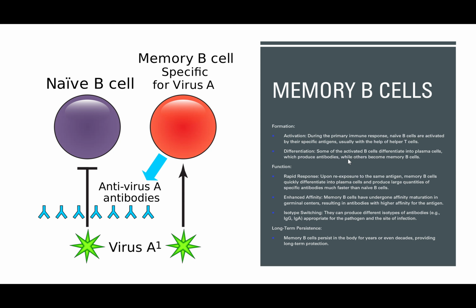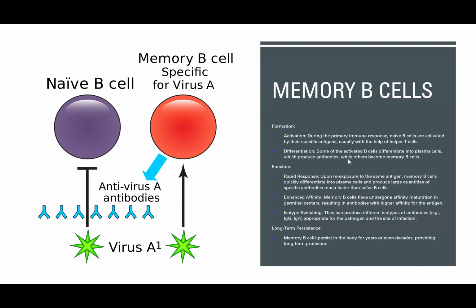They keep an entire memory bank of all the antigens and all the infections that the body had before. When an infection arises again, there will be a faster and more efficient, more immediate release of antibodies.